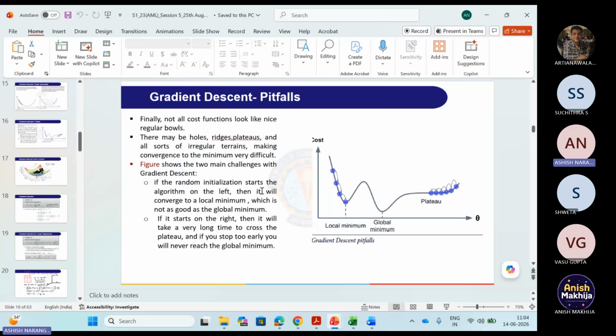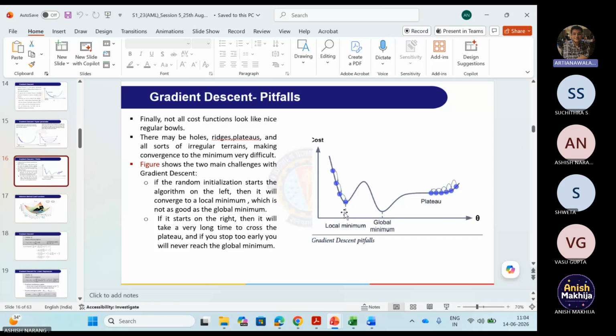I think I got your point. Let me come back to this slide. You might be thinking that if I initialize theta 0 somewhere here, I'll converge to a global minima, but if it is random, I'll converge to a local minima. Yes, and if the earlier minima was global and we started later, we may end up in a local one.